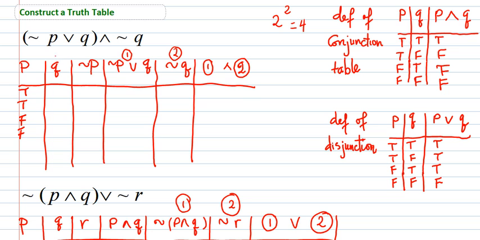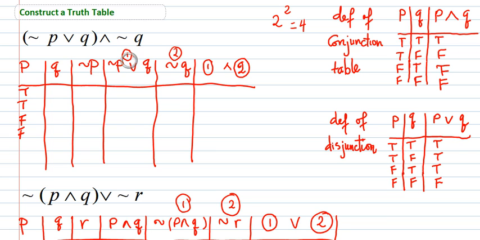Anytime you see anything that composes a new statement, we have 1 column for it. For example, I have not P, so I need 1 column for not P. This is 1 compound statement.